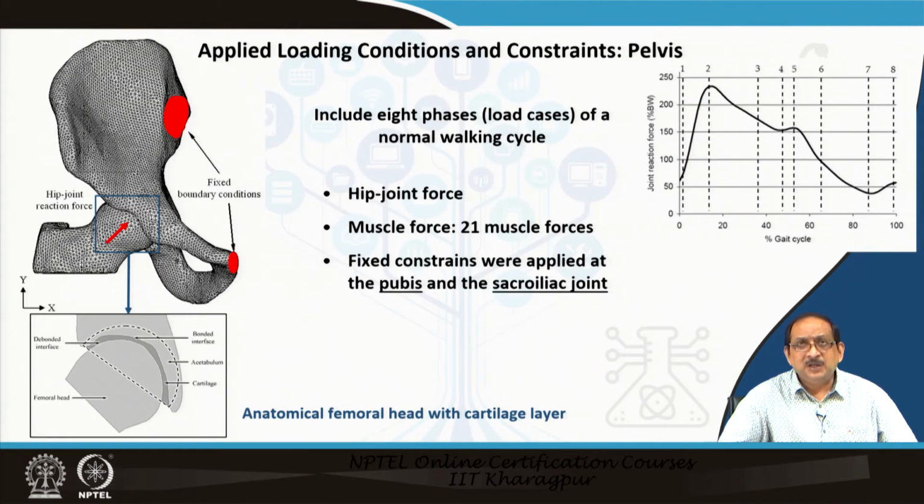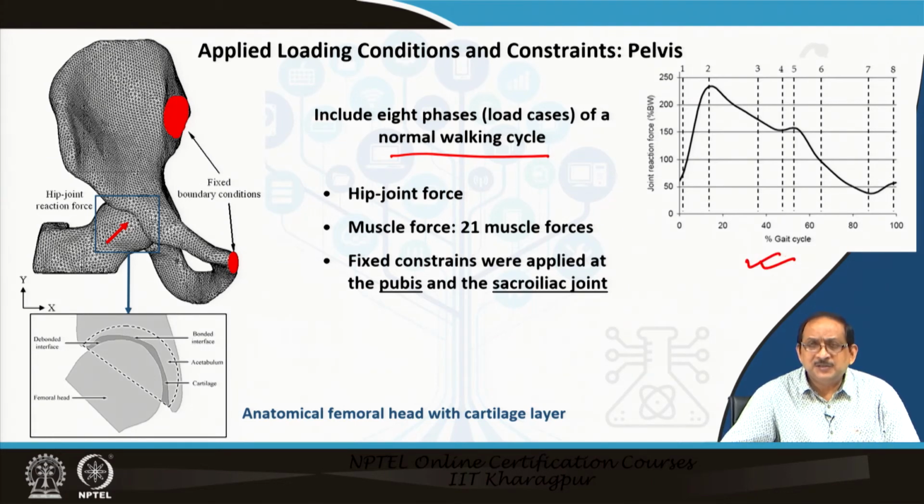Now, the applied loading conditions and constraints in the pelvic bone model include 8 phases, that is, 8 load cases of a normal walking cycle as indicated in the figure.